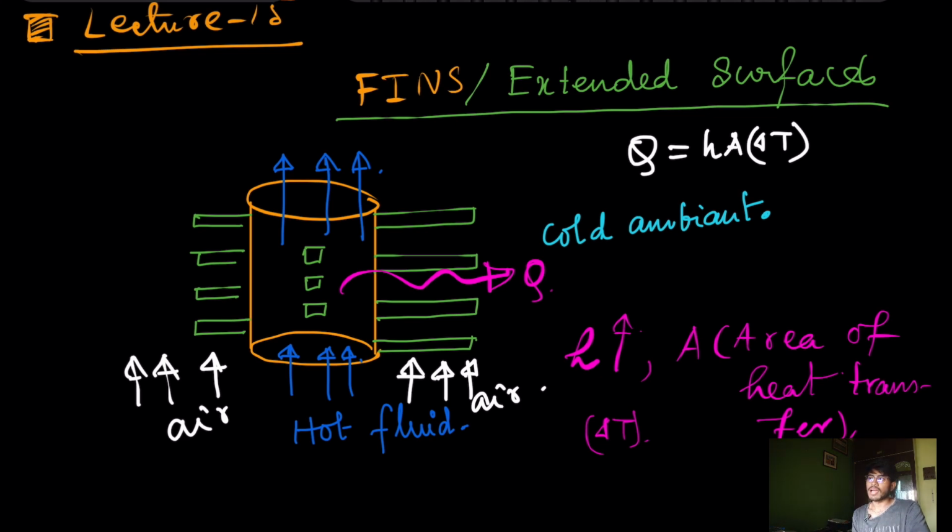There is no compulsion that fins will always increase the heat transfer. We have defined a parameter called fin effectiveness: the heat transfer rate with the fin compared to the heat transfer rate without the fin. The ratio of these two is the fin effectiveness, and naturally we want a fin effectiveness greater than 1.